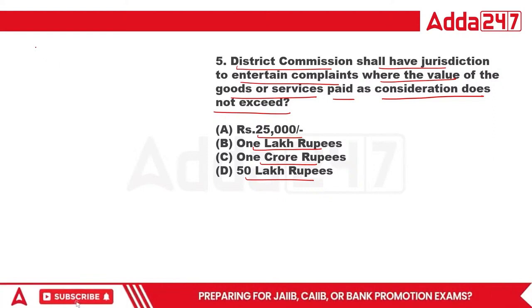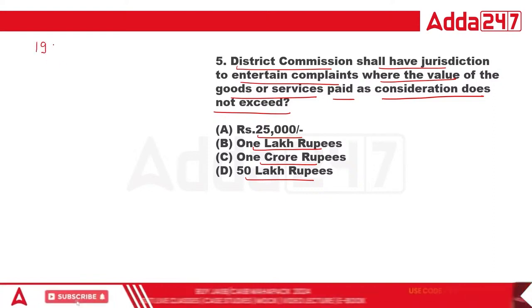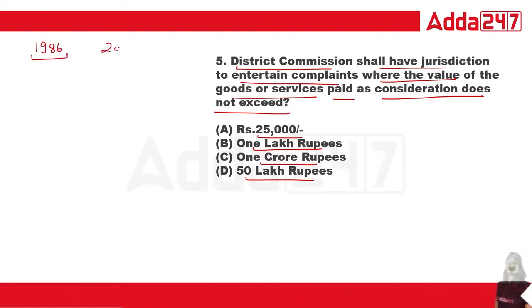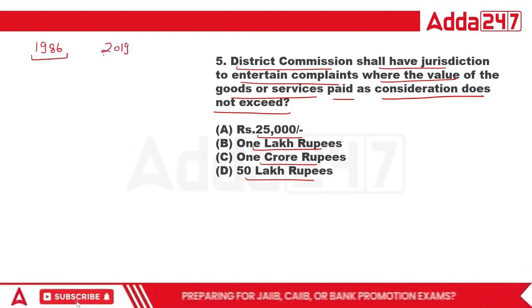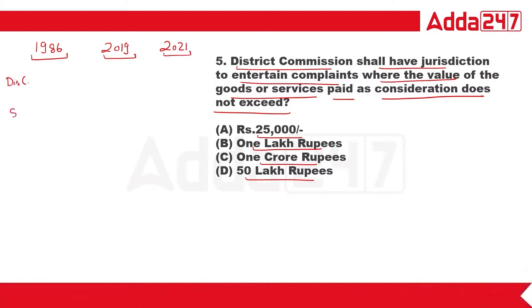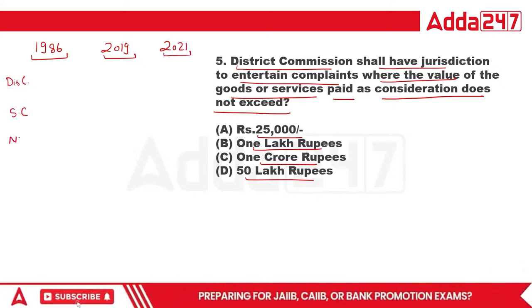Tell me, class. And see, I'm just writing the jurisdiction of all the 3 years: 1986, 2019, and in 2021 also the amended term. This is district commission, state commission, and this is national commission.